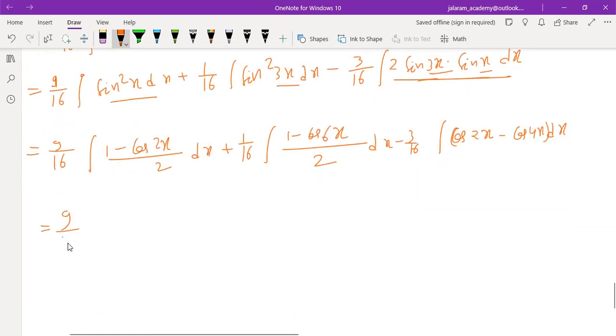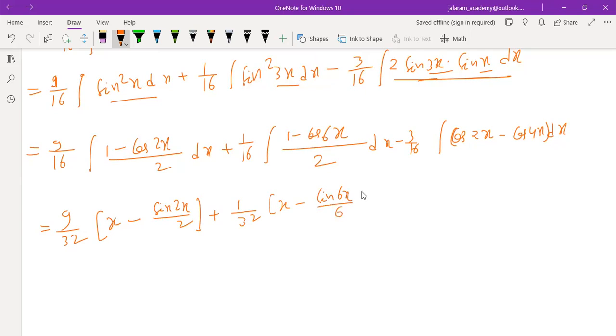So 9 by 16 into integration of 1 is x minus integration of cos 2x is sin 2x upon 2, plus 1 by 16 into integration of 1 is x minus integration of cos 6x is sin 6x upon 6, minus 3 by 16 into integration of cos 2x is sin 2x upon 2 minus integration of cos 4x is sin 4x upon 4 plus c.